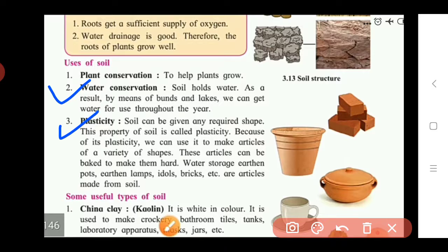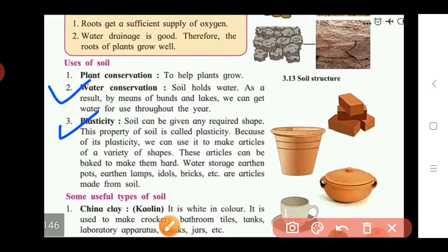If we make a dough from soil by adding water, then from this dough we can make any shapes of articles, instruments or pots. Due to this plasticity we can mould this soil into any shape. This property of soil, that soil can be given any required shape, is called plasticity. So you remember what plasticity is?